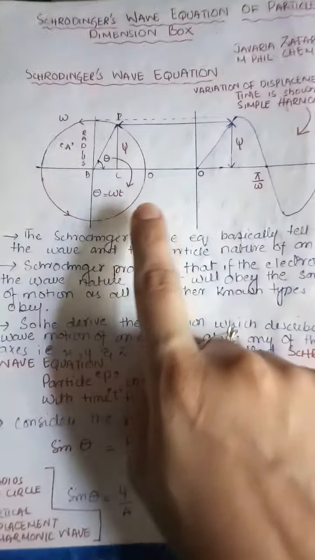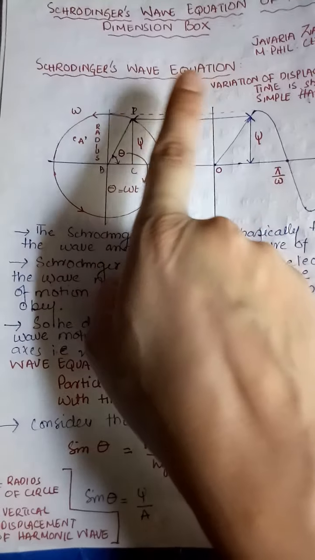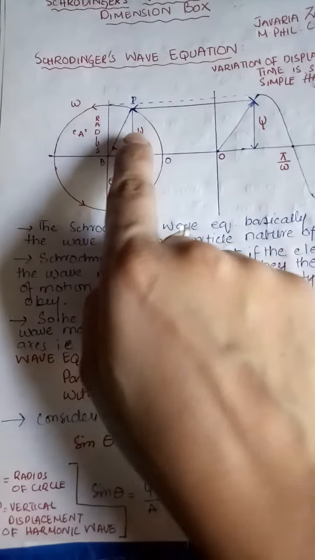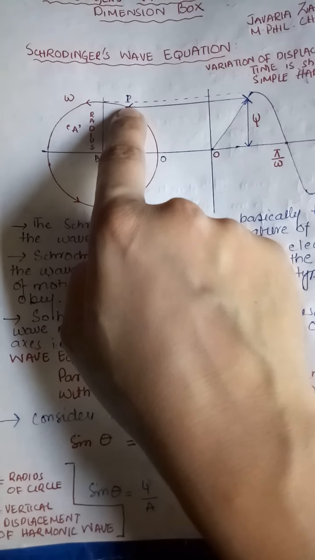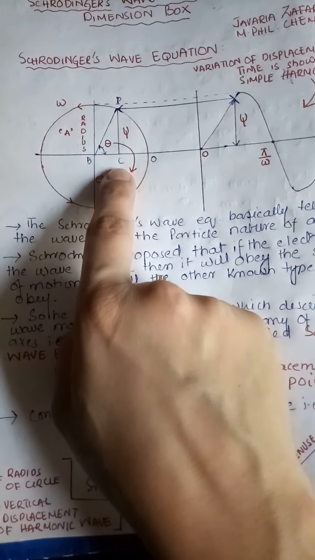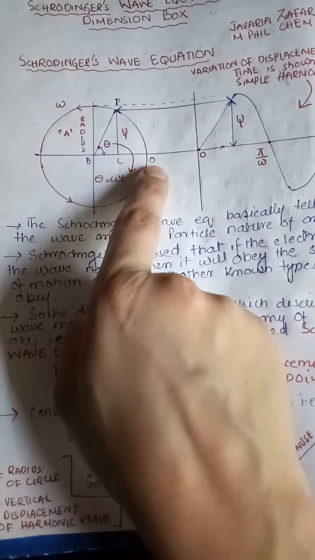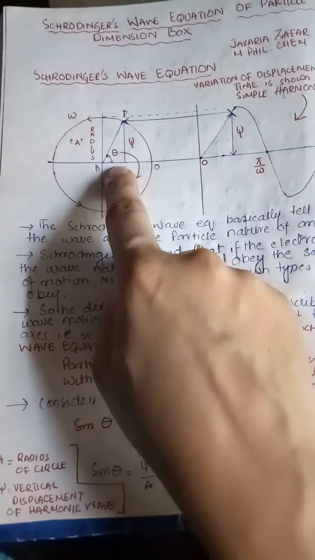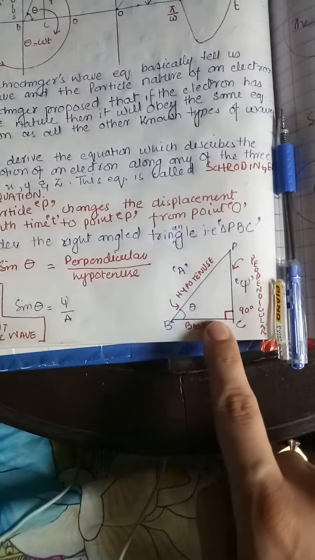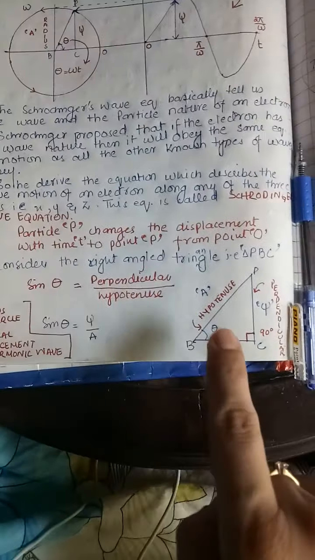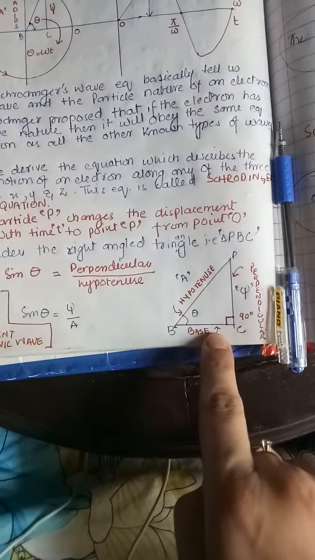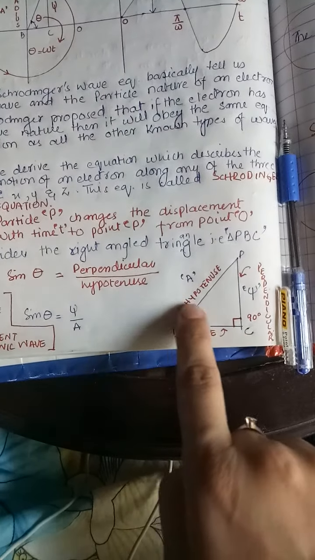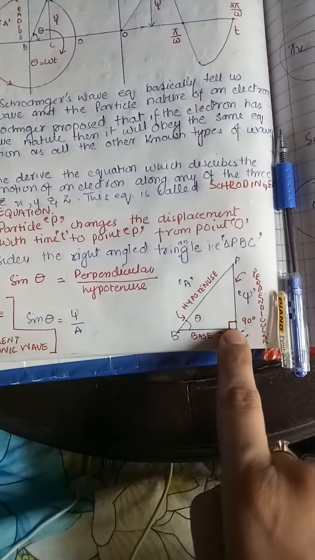To derive the Schrodinger wave equation, we will consider this triangle. This point is extended downward from where the particle starts, and you can see this is a triangle which I have drawn here. The triangle PBC has the angle theta, and it is a right angle triangle.